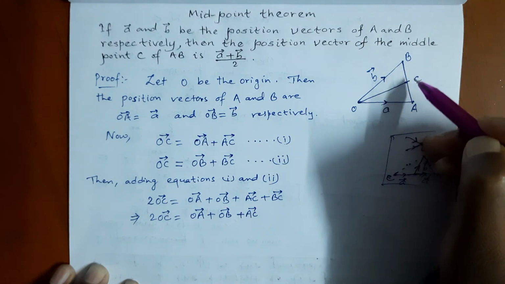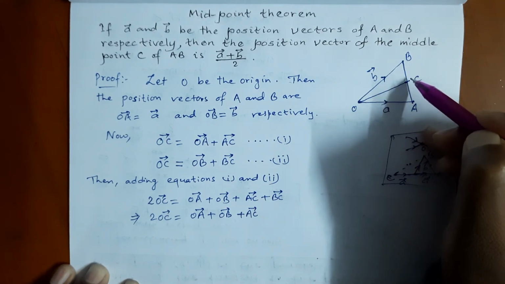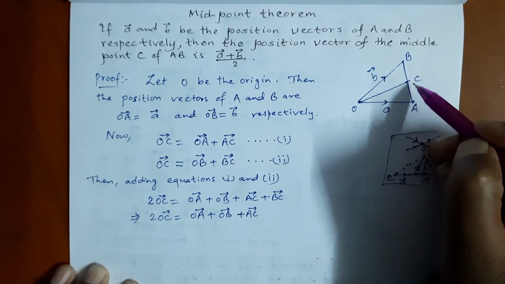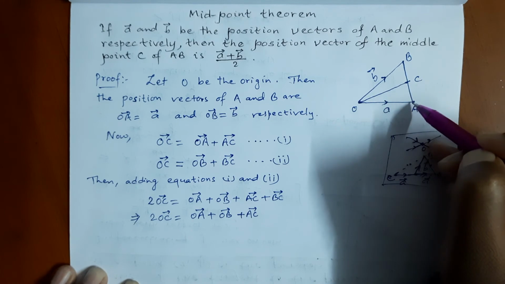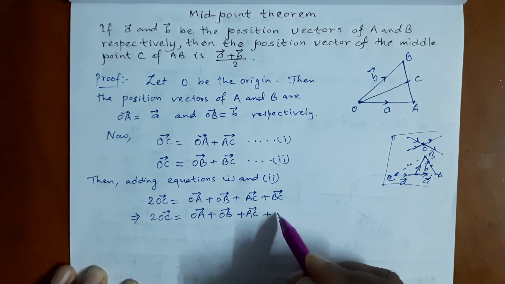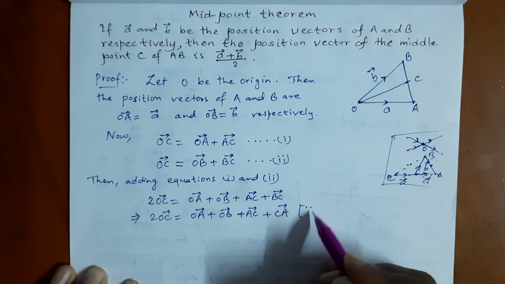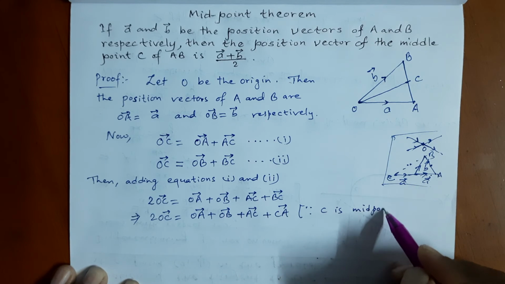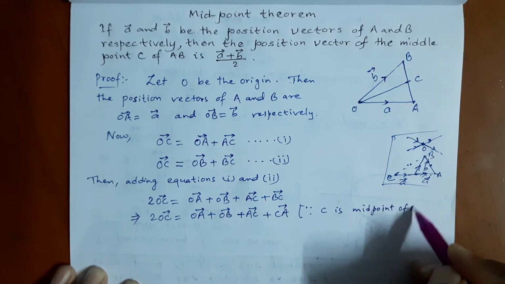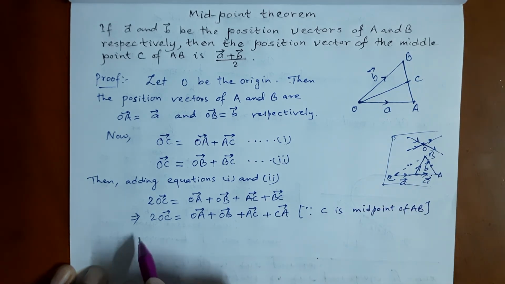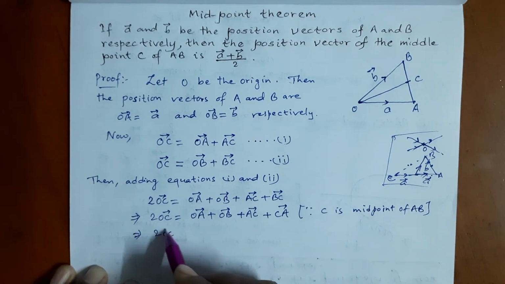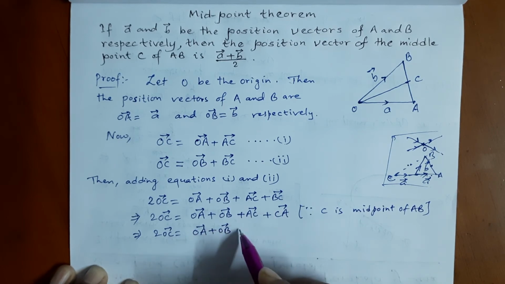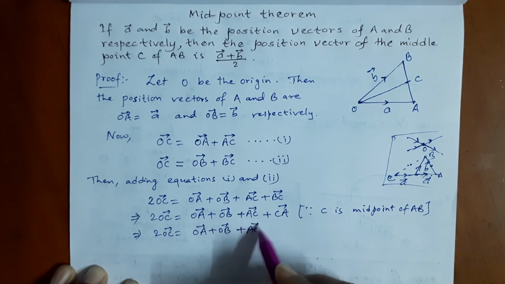BC means its direction is from B to C, and CA means direction from C to A, and as C is the midpoint, BC will be equal to CA vector. This implies 2 vector OC equals OA vector plus OB vector plus AC vector plus CA vector.